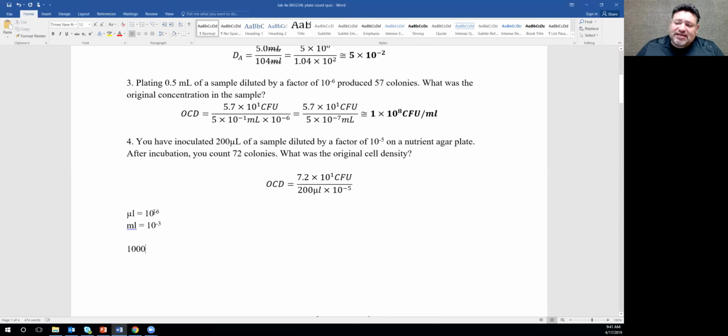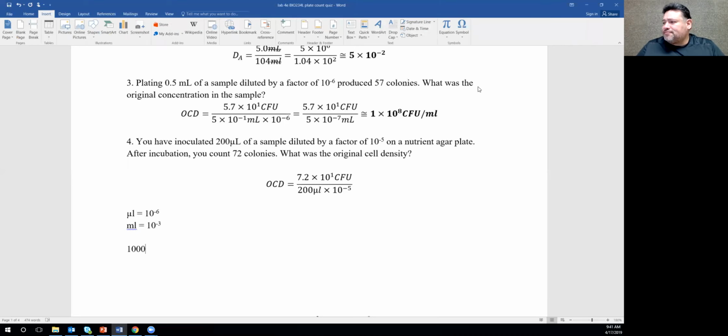So 10 to the negative 6 plus 10 to the third gives you a 10 to the negative 3. So there's 1,000 microliters in 1 milliliter. That's what I meant to say. That's our conversion factor.